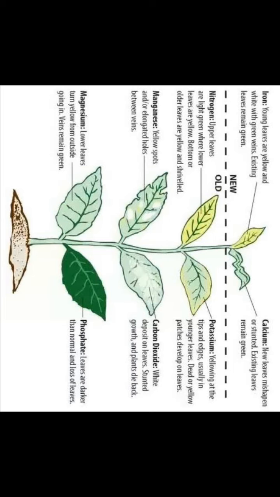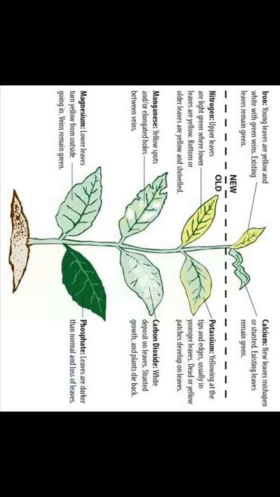You can see from the given diagram that the deficiency of any element can cause multiple symptoms and that the symptoms may be caused by the deficiency of one of several different elements.